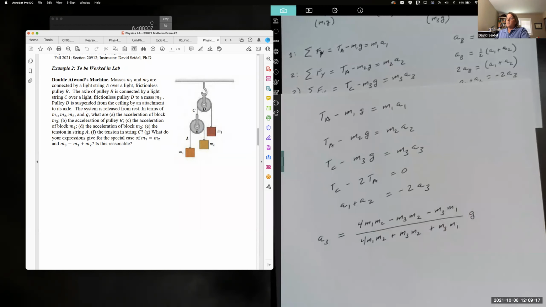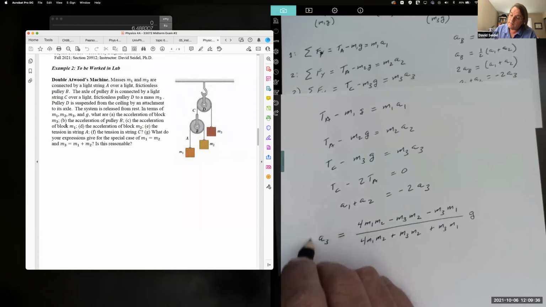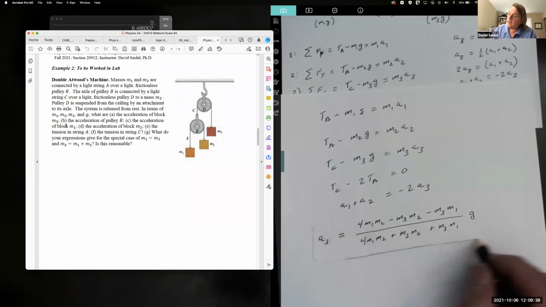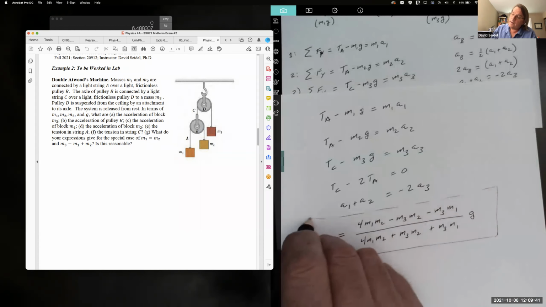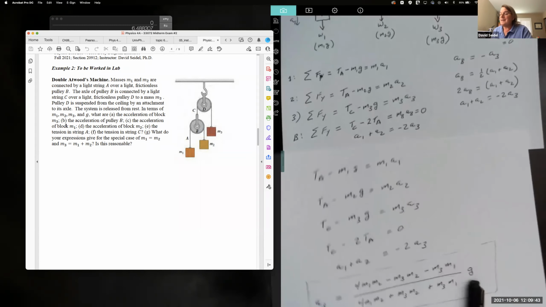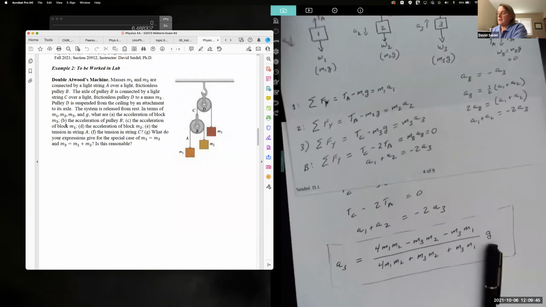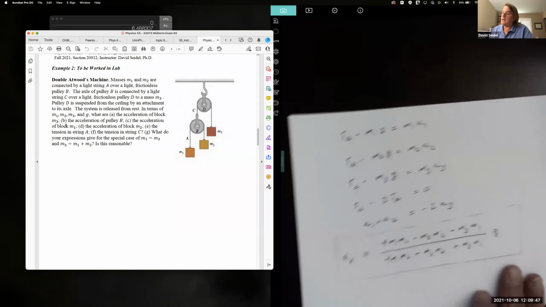I could have probably just put M1 and M2 as a joint mass and their combined acceleration. So there are some other ways we could have simplified this further. But this is your A3.